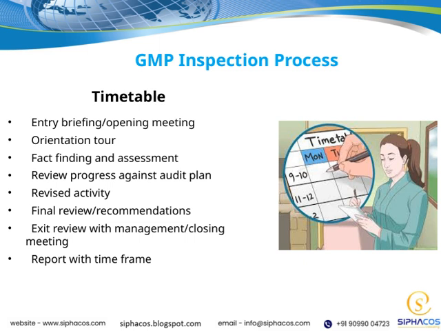This is followed by an exit review with management, which is a closing meeting to discuss preliminary findings and next steps. Finally, we prepare and deliver the report, including a clear timeframe for any corrective actions required. This entire process ensures that we thoroughly evaluate the facility's compliance and help maintain the highest standards in manufacturing practices.